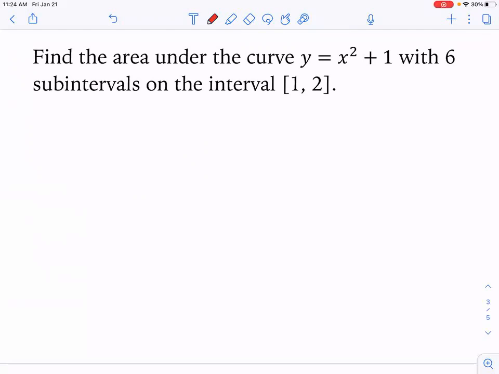All right, so we have x squared plus 1. We have 6 trapezoids from 1 to 2. So if we are going to calculate delta x, we are going to take b minus a over n. 1/6 is delta x.